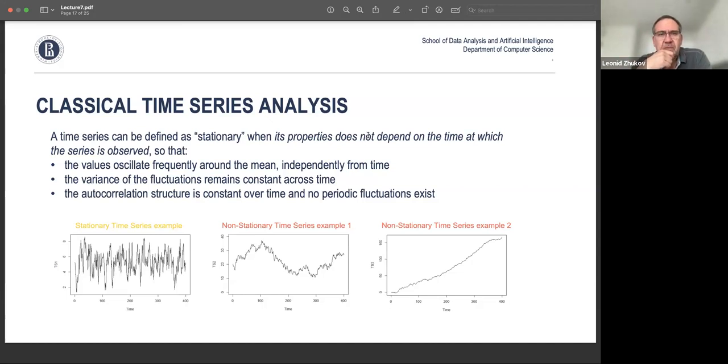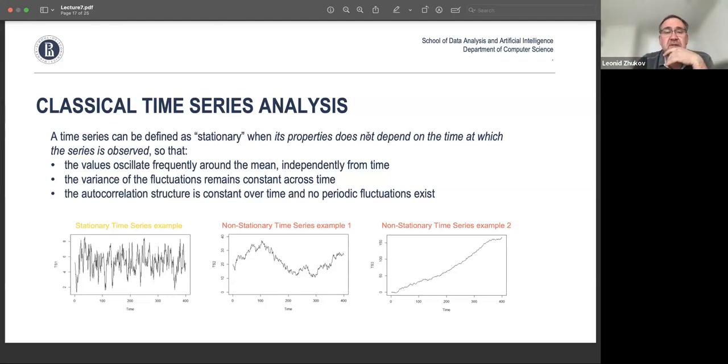But typically for stationary data, values oscillate around the mean, and the mean stays constant over time. And the variance, which is the scale of fluctuation, also remains pretty much constant. You also remove periodic components. So when you see the data on the left, that is stationary data.